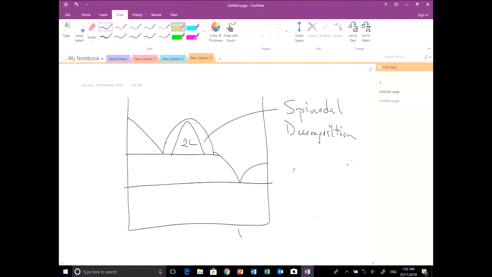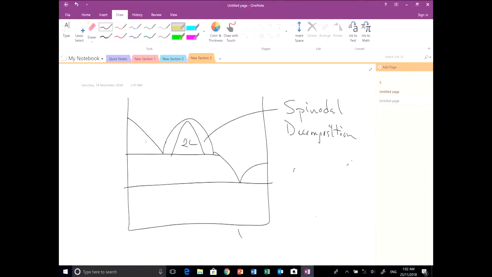Have you had this concept, a spinode? Yes or no? Okay, well this is what a lot of metallurgical systems have. And what a spinode is when a material can't make up its mind. It can't decide if it's going to be immiscible or miscible. And in that two-phase region there, it's kind of fluctuating between the two, and it's neither one.